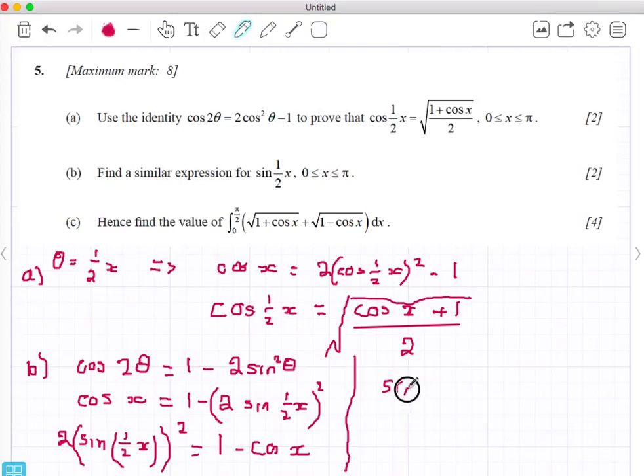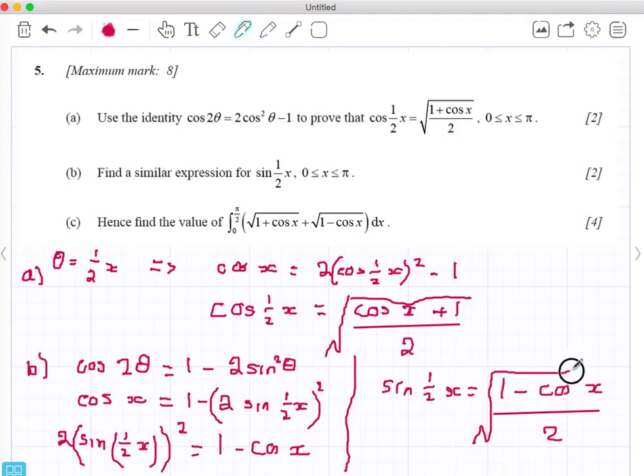So I have sine a half x is equal to 1 minus cos x, divide by 2 and then square root. So if I divide by 2 and then square root, I end up with this number here. Okay, so that's A and B done.